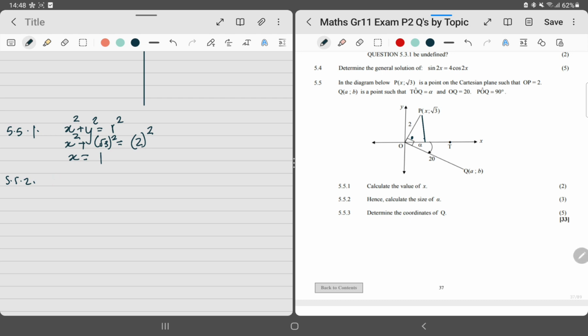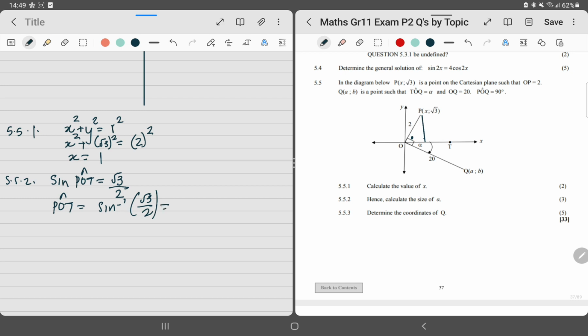So we'll just use sine. Sine POT is equal to, sine by definition is y, which is square root 3, over OP, which is 2. So POT should be equal to arcsine of square root 3 over 2.